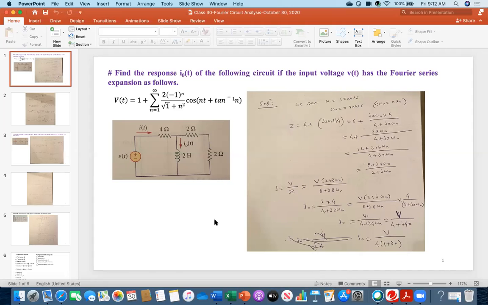So for example, everybody see this problem: find the response i naught of t of the following circuit. This is the circuit.